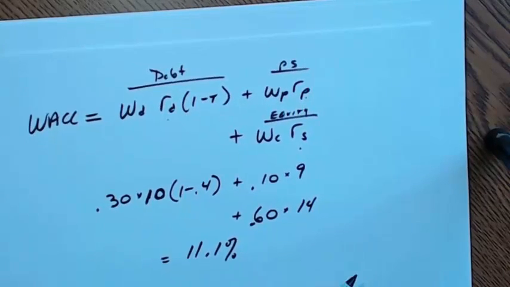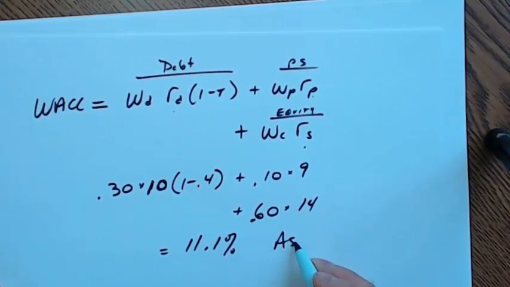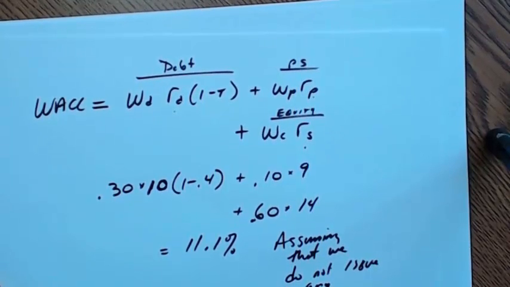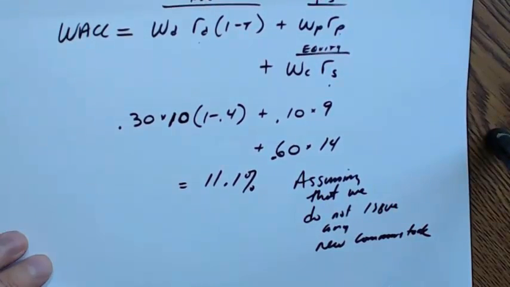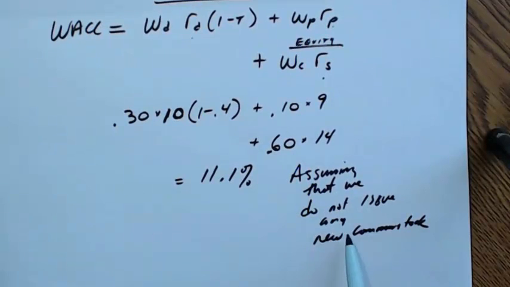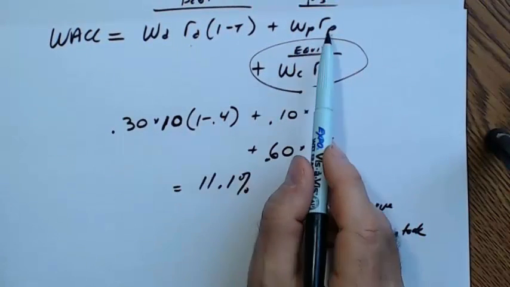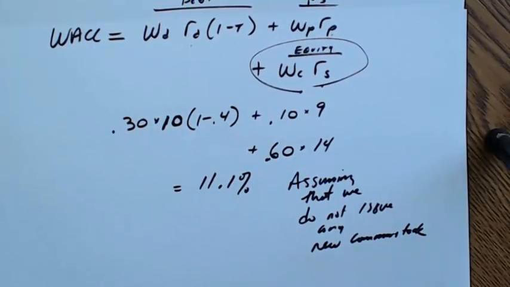So the weighted average cost of capital, assuming that we do not issue any new common stock. It says assuming that we do not issue any new common stock. In other words, we're just going to fund all of these projects using our retained earnings for this component, and then our cost of debt and our cost of preferred stock that we have outstanding.